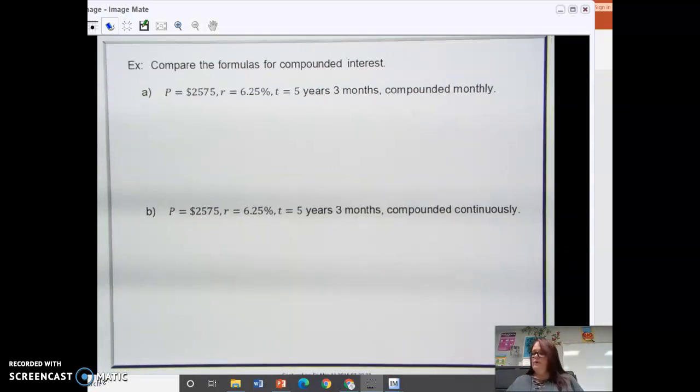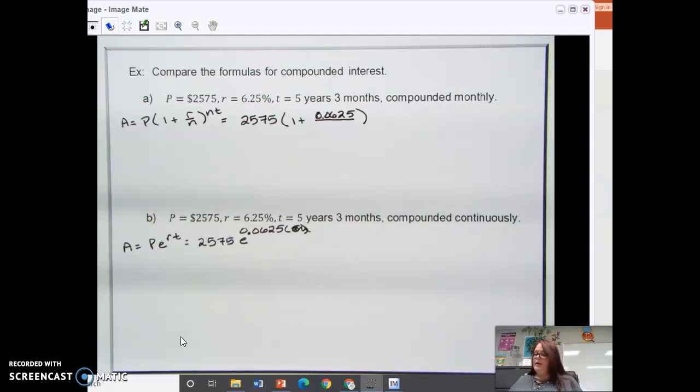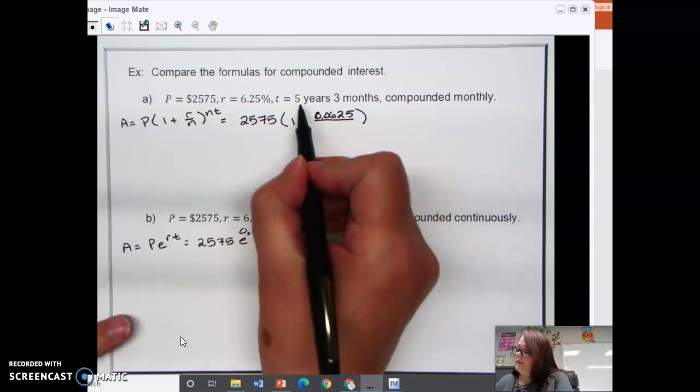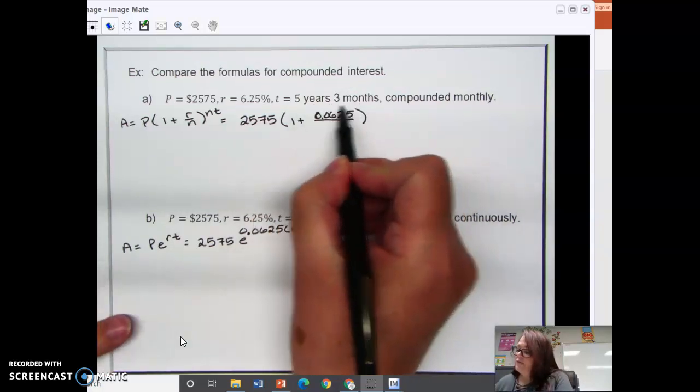All right, so again, we want to take a moment to compare the formulas based upon the compounded interest. So pause the video and see if you can come up with the answer to this, like which one is better. All right, so I added in the formulas that we're going to use, and I added in the things that we knew. Some of the things that were a little different was here we have 5 years and 3 months.